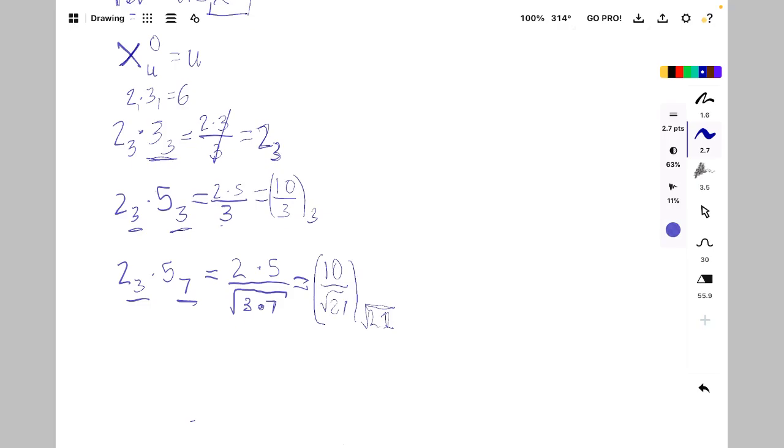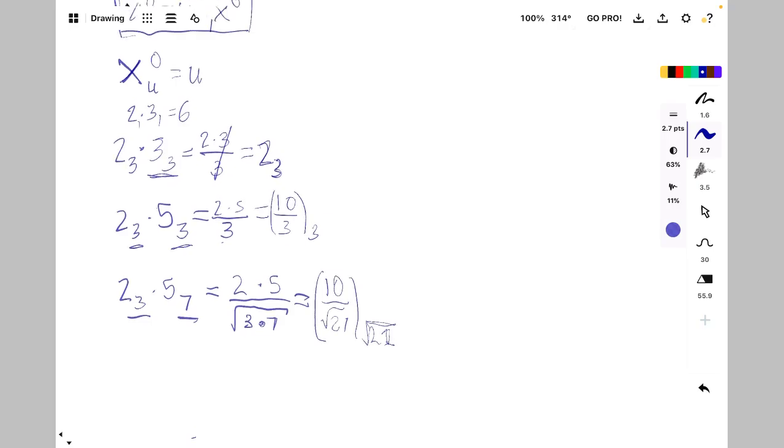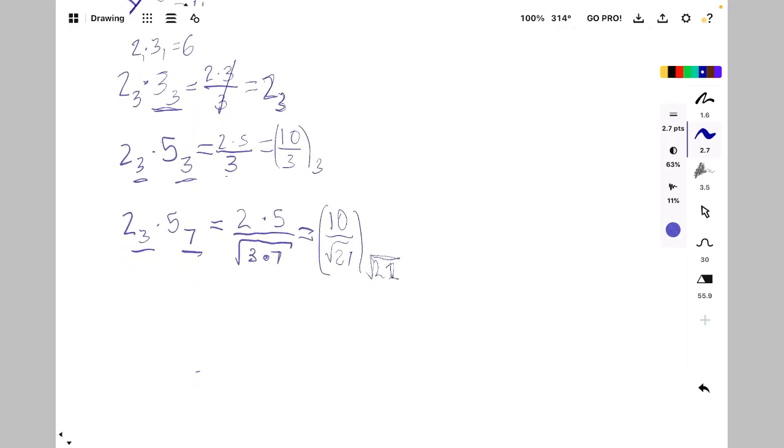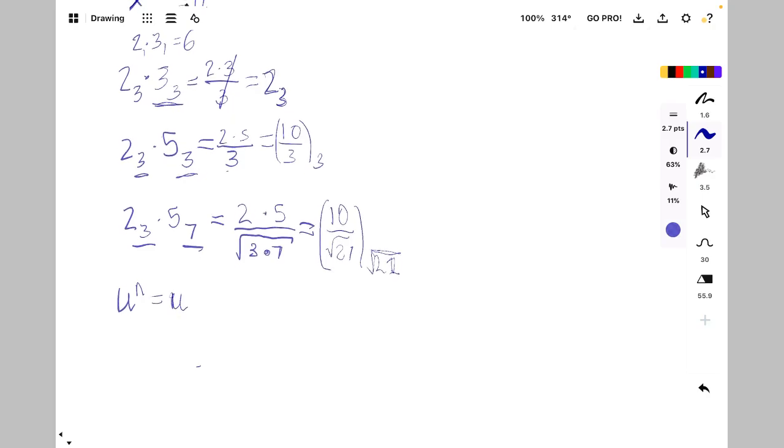So there's that. So what about if you're doing this with different functions? Well, I just showed that an empty product to any power is just itself.